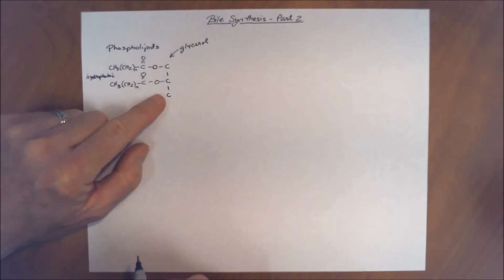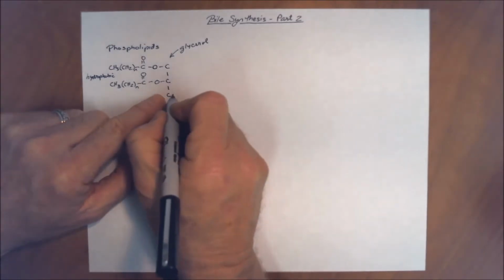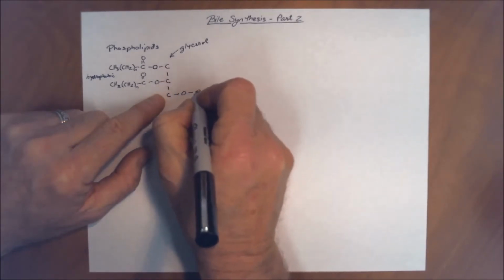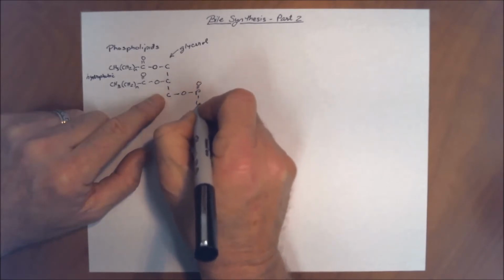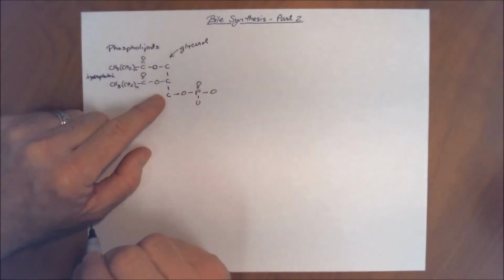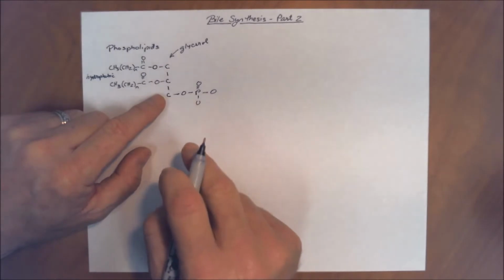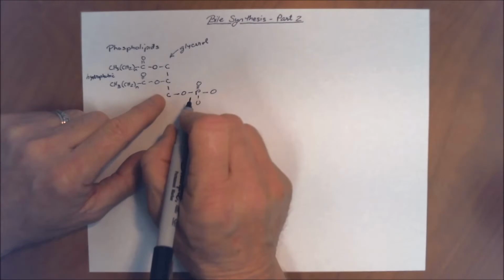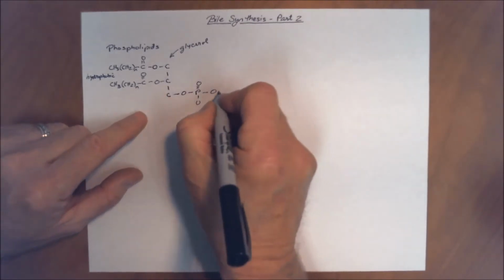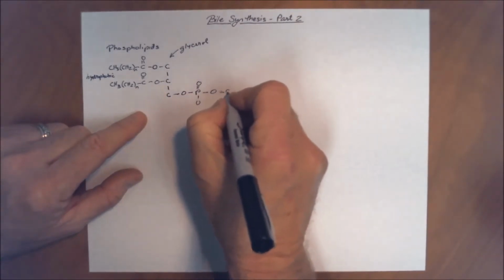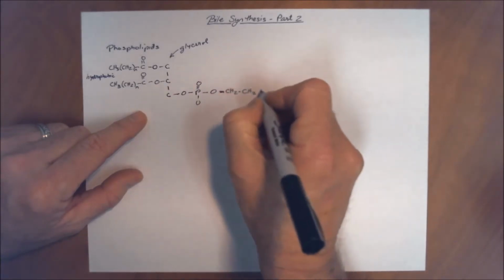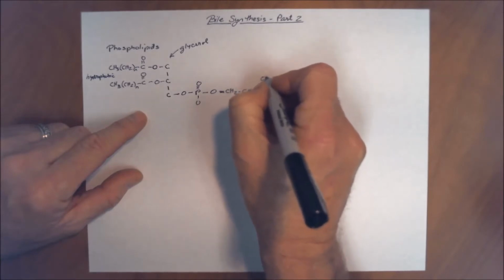And then on the end carbon, we have what's called a head group. And recall this head group is a phosphate. And then we can have a charged or neutral moiety on here. The most predominant phospholipid in bile is phosphatidylcholine, which will take on this structure.